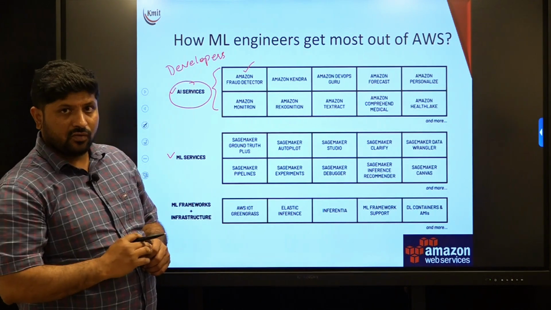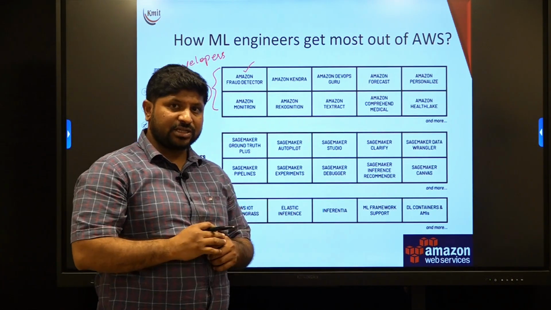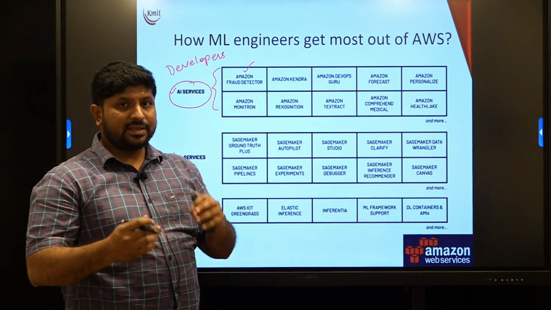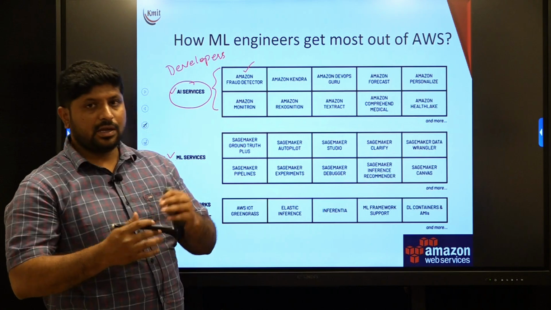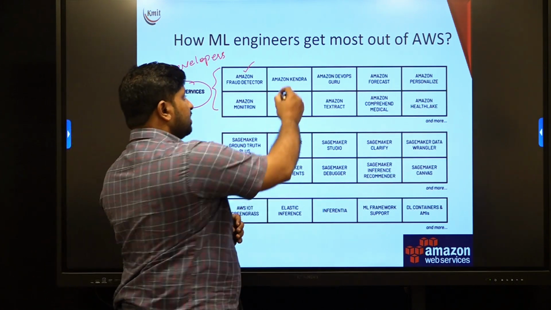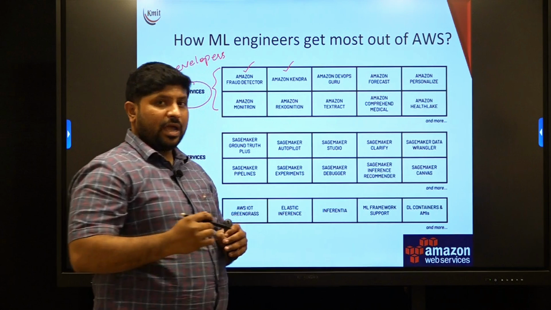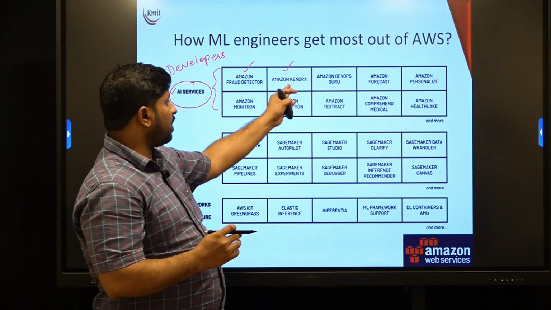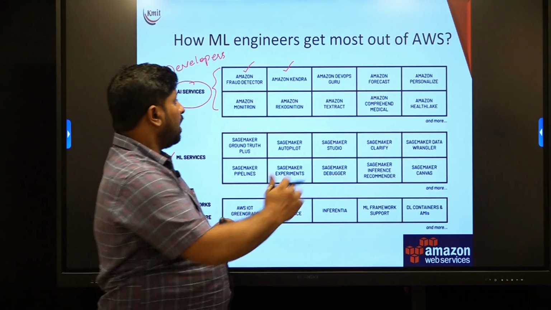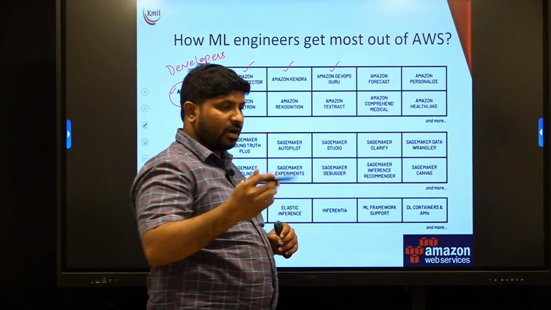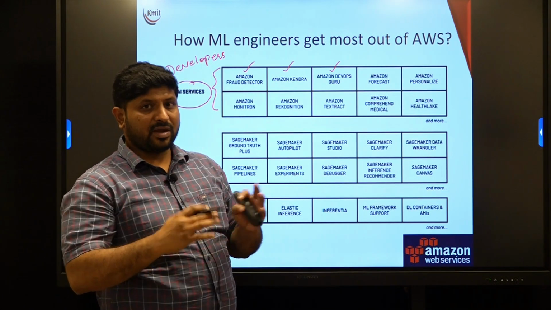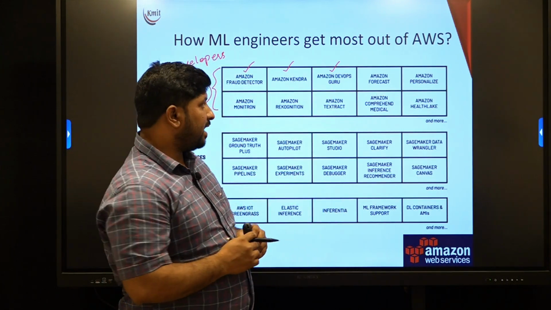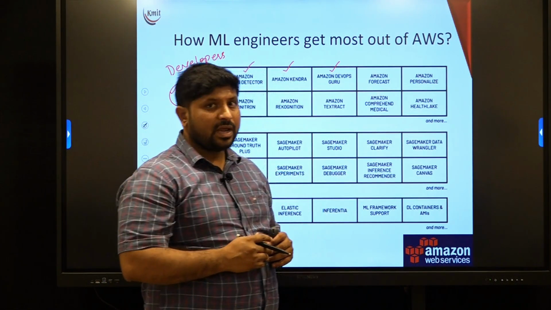If there are any fraudulent transactions happening, and you are integrating this service in your application, then it will automatically detect the fraudulent transactions. Likewise, if you want an efficient search mechanism in your application, then you can go with Amazon Kendra. At the same time, if you have a CI/CD pipeline, continuous integration with continuous deployment, you can use DevOps Guru as a service which can be integrated with your application.